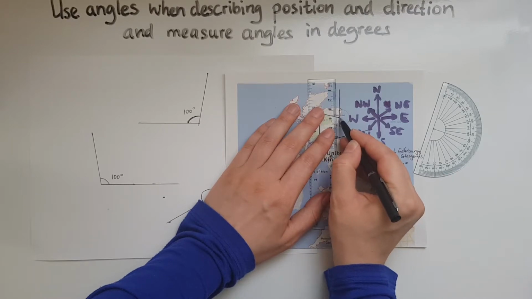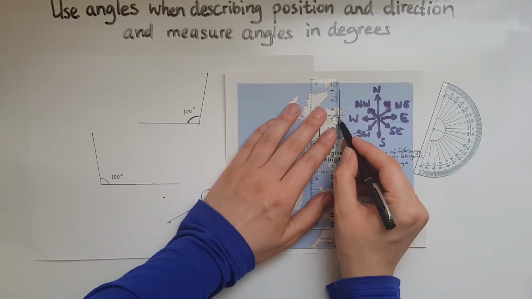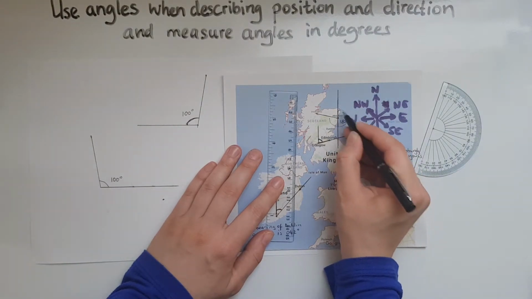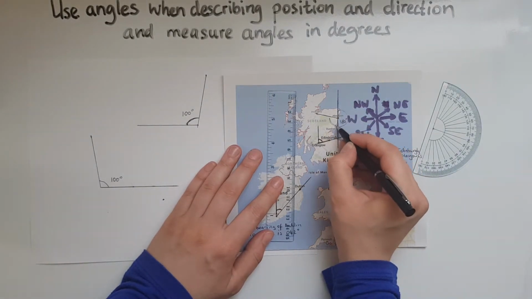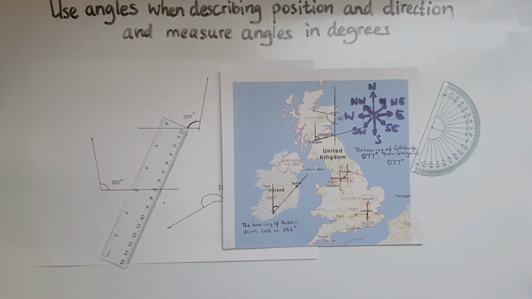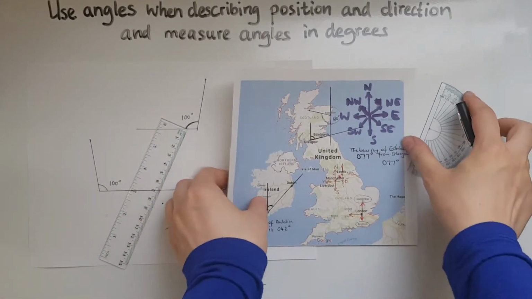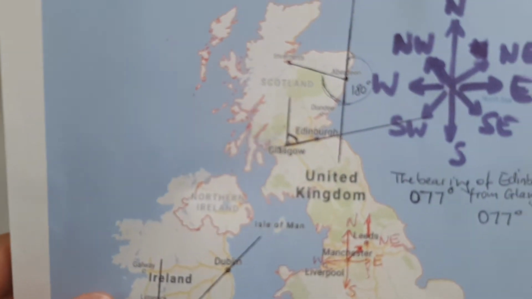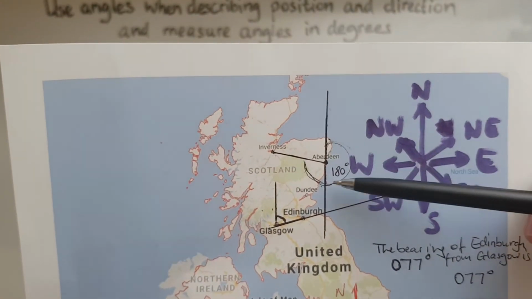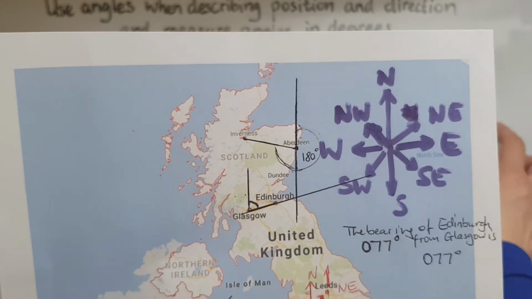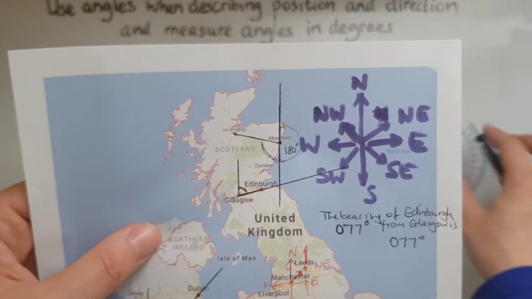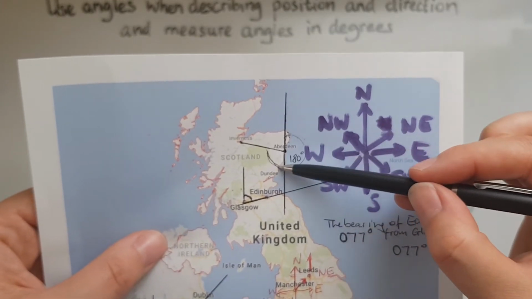So that's the point where Aberdeen is. I'll continue this line. So this is going to be 180 degrees already, and I need to add up this angle. So I need to add those degrees on top. So there we have the 180 degrees already. We need to add this as well. So I'm not going to measure this part because I know it's 180 degrees. I'll just measure this one.